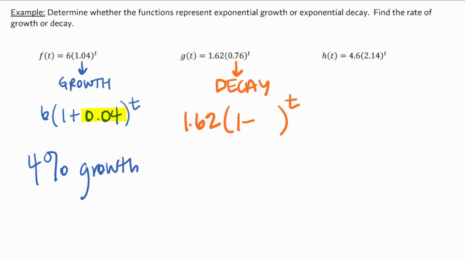Now, if you're having trouble figuring out what would go in there, we can just set up an algebra equation. Okay, we can say 1 minus r equals 0.76. So I could subtract 0.76 from both sides, and I'd get 1 minus 0.76, add r to both sides.